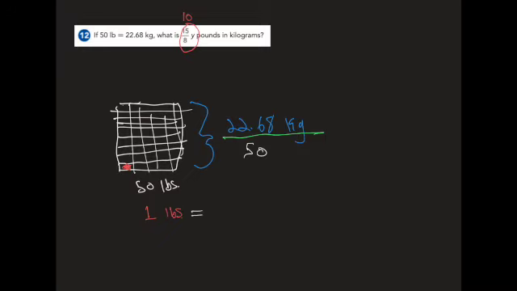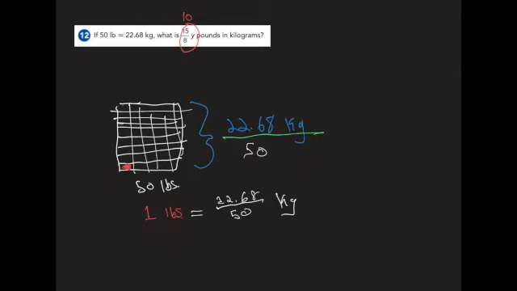So 1 pound is approximately, and I'm just going to write it as 22.68 divided by 50 kilograms. And we're not done yet, because we know what 1 pound is, but the question is, what is 10 pounds in kilograms? So if I know what 1 pound is, then to figure out what 10 pounds is, I would just take that value and multiply it by 10, because I have 10 of them.